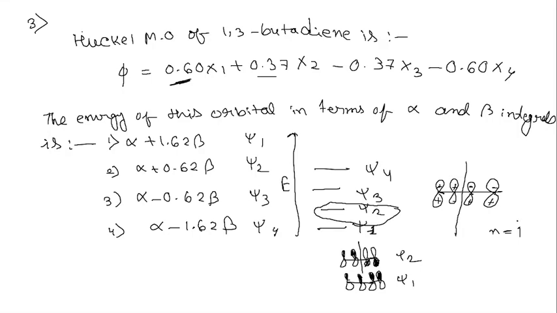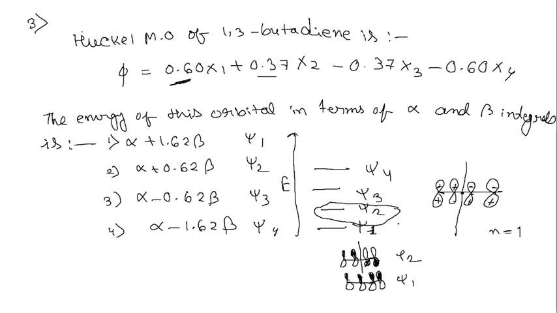I don't know whether you could understand or not, but if you want to solve this type of question, literally you don't have to do anything. Just draw whatever they told. These two are positive values, so they have the positive sign, and these two are negative coefficients, so they have the negative sign. The sign is changing, so there should be a node. For n equals 1, meaning node number 1, what is the orbital?